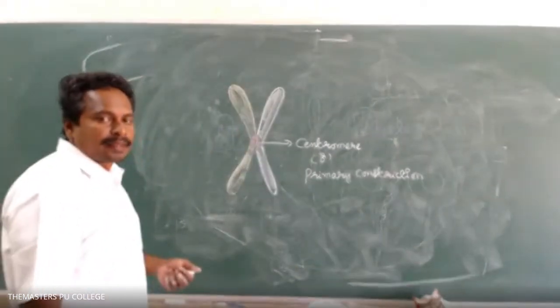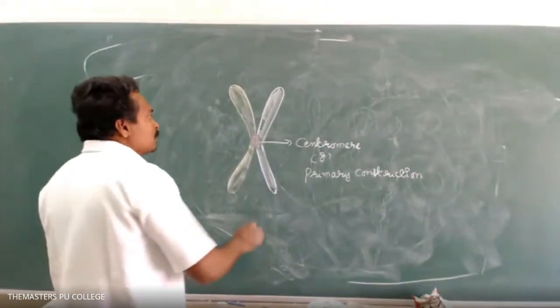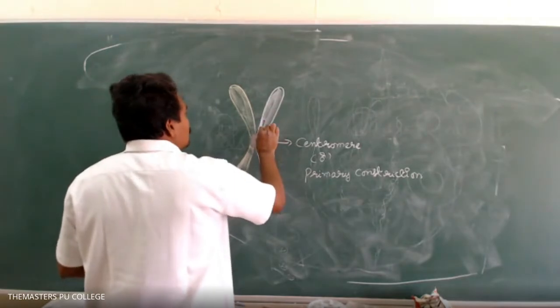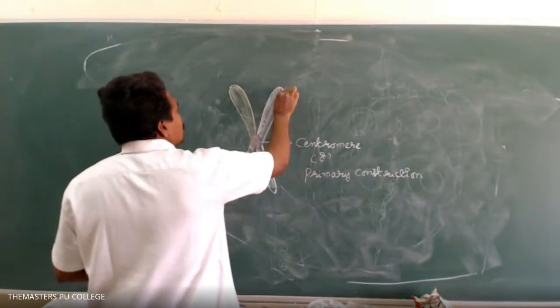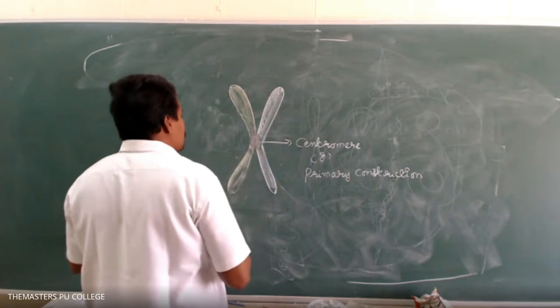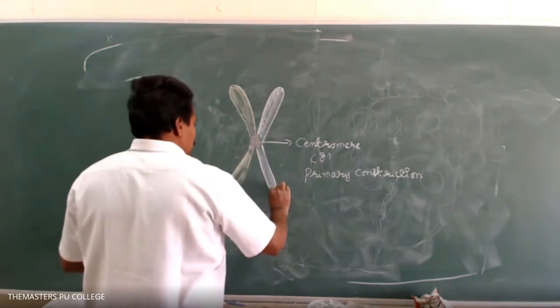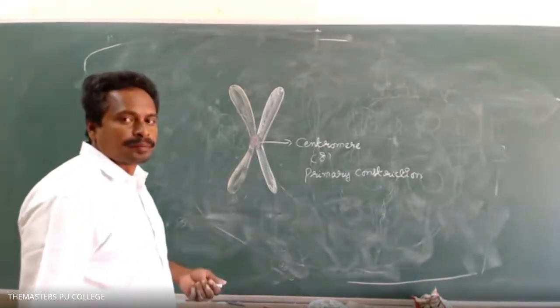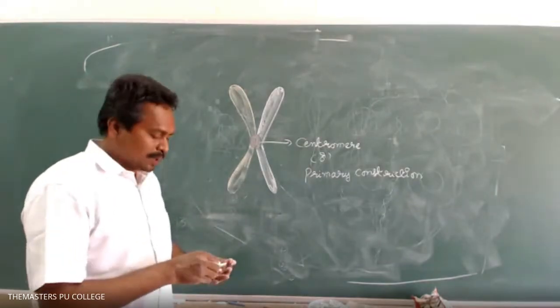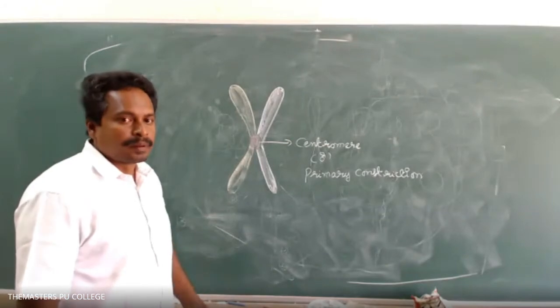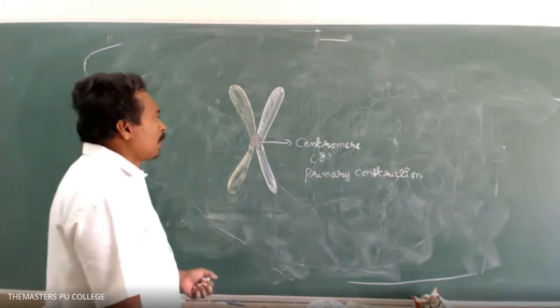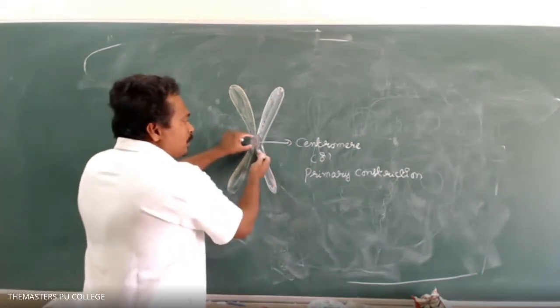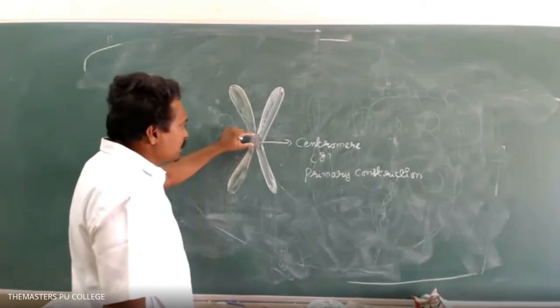Have you drawn this diagram? Please message me the answer in the chat box. Yes, sir. Drawn, sir. Right. Each chromosome is having centromere or primary constriction.